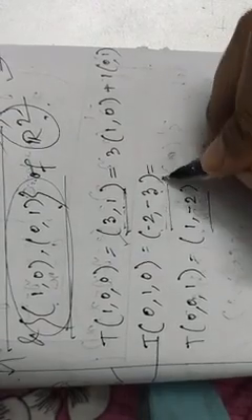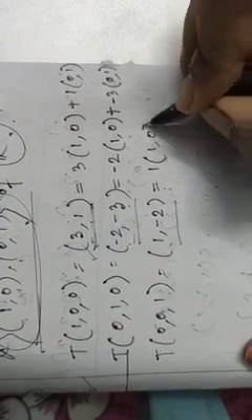So what will be the linear combination for 3 comma 1? It will be 3 into 1 0 plus 1 into 0 1, right? Then for the next element it will be minus 2 into 1 0 plus minus 3 into 0 1, and for the next element it will be 1 into 1 0 plus minus 2 into 0 1, right?